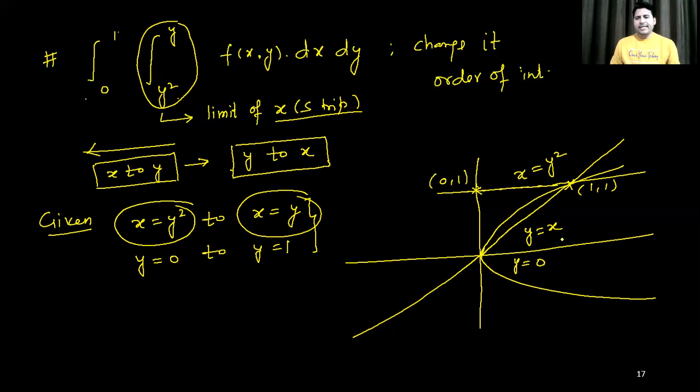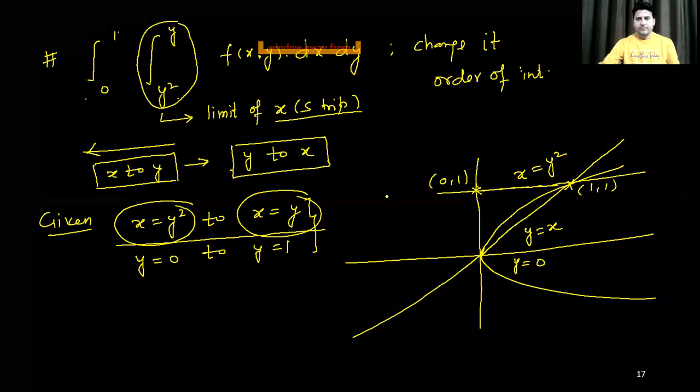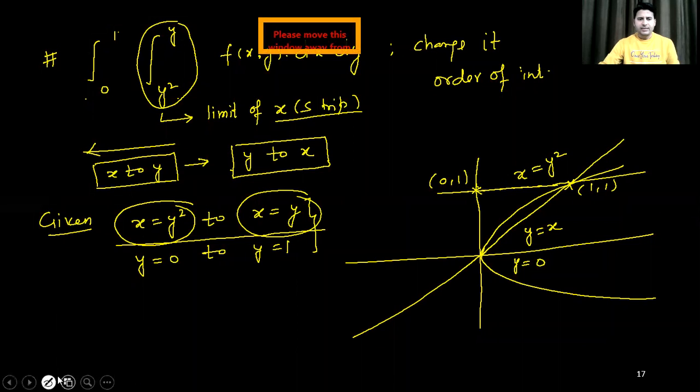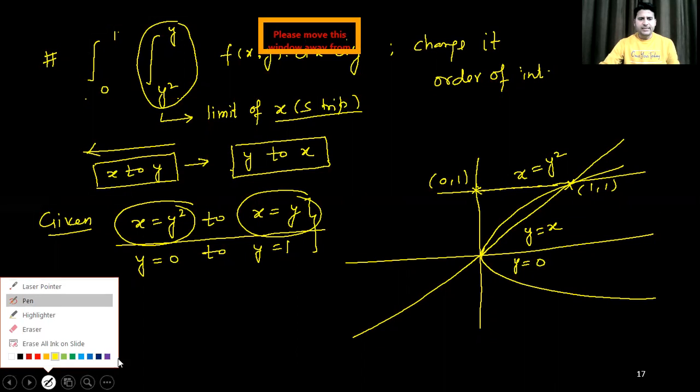Now let us decide the region. As I told you, the region is decided mostly by the variable limit. It is given that x goes from y square to y. You can see what the region will be, students.